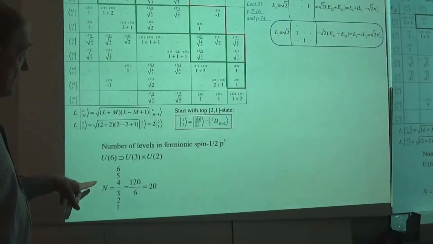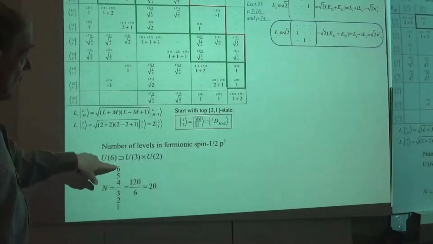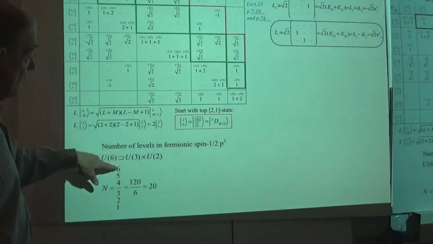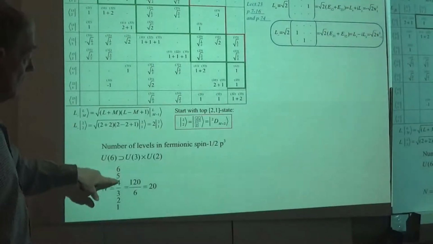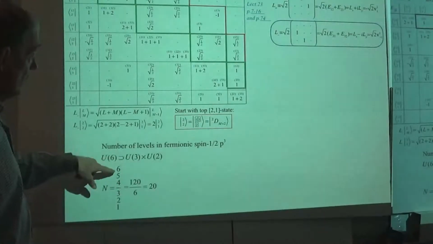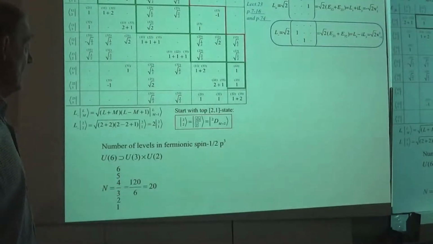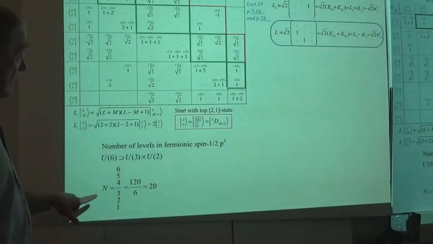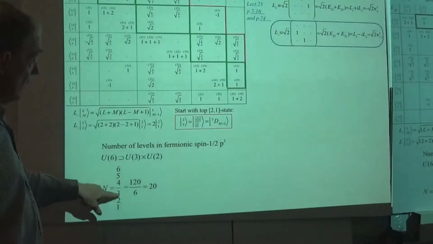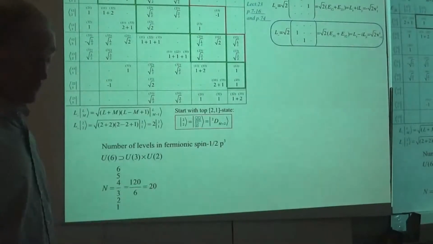And you remember how you did that. You take the 6 from the unitary and put it on the various diagonals of the tableau, increasing by 1 across this way and decreasing by 1 as you go down. So it's 6 times 5 times 4 divided by the product of the hook lengths for that tableau, which are 3, 2, and 1. So we're talking about 20 levels here.